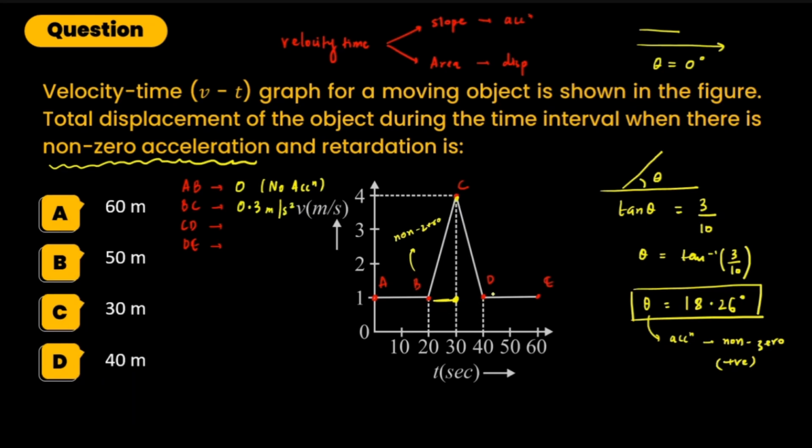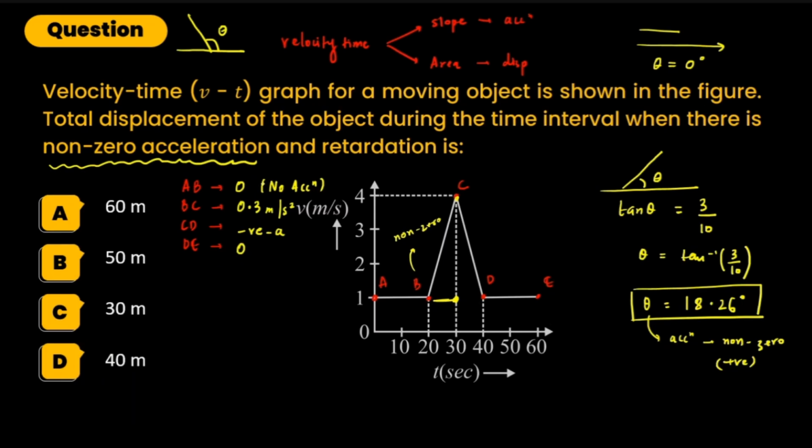Similarly for C to D, we can see that the graph is downward, x-axis is this way, so this is going to be the angle. Acceleration is going to be negative in this case because the angle is greater than 90 degrees, and whenever theta is greater than 90 degrees, slope is going to be negative. Just keep this point in mind. For D to E, again it is a straight line, so it is going to be 0.